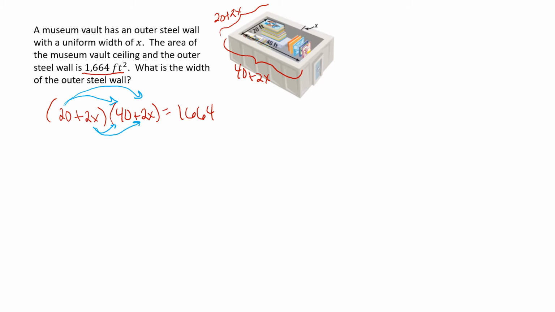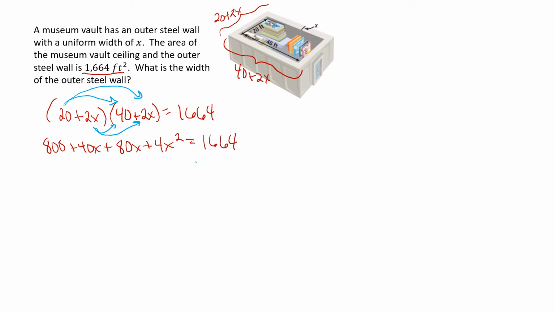So we have 20 times 40 is going to be 800. 20 times 2x is plus 40x. 2x times 40 is plus 80x. 2x times 2x is plus 4x squared equals 1664.